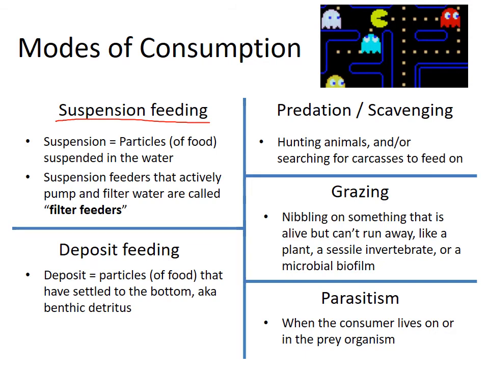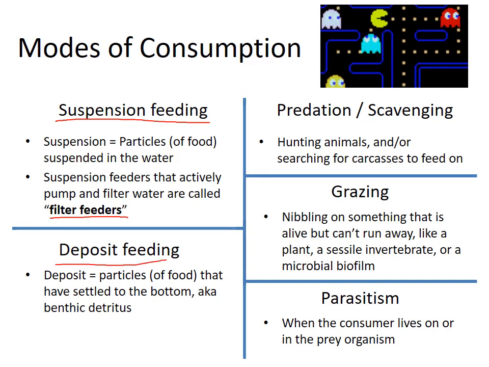Some suspension feeders just wait for the food to drift into them, and they're more passive suspension feeders, whereas other suspension feeders actually pump water through their filter, and those are called filter feeders. So filter feeders are suspension feeders that actively pump water to filter, whereas passive suspension feeders just wait for things to drift into their tentacles.